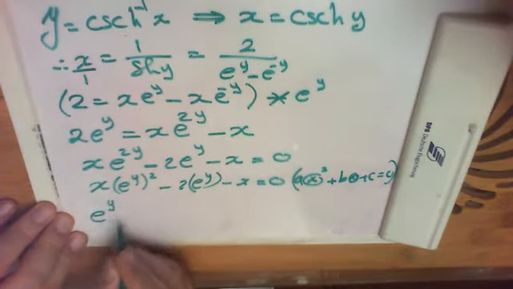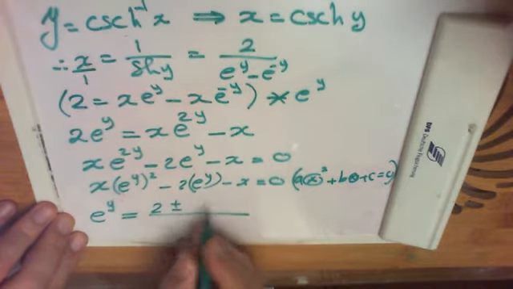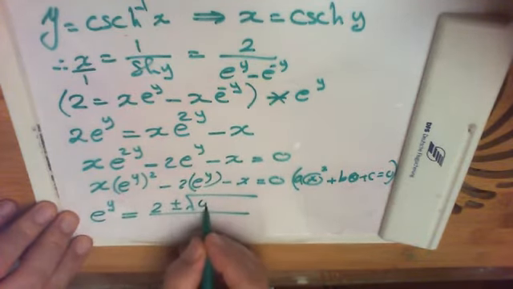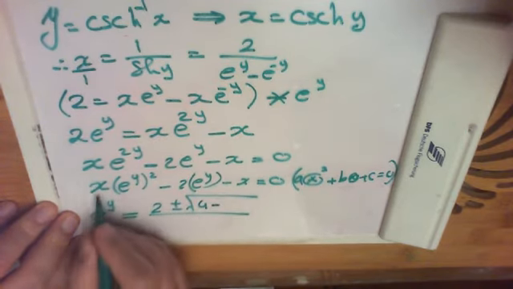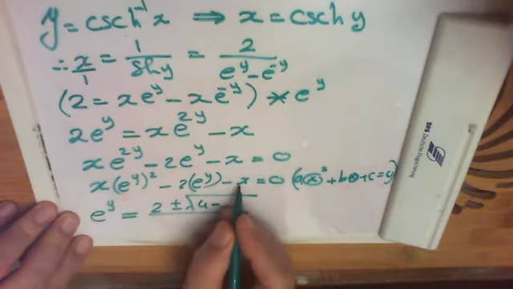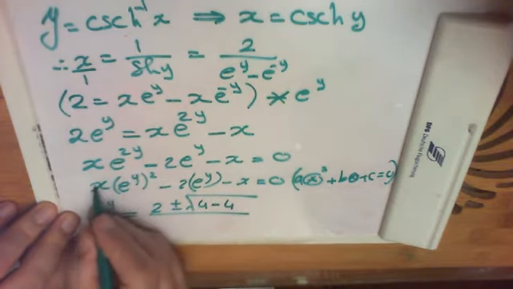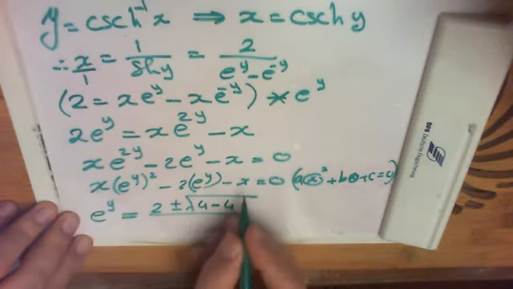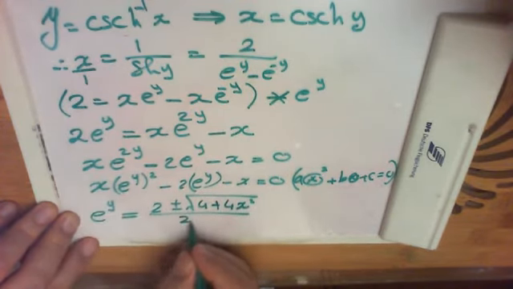So e to y equals minus b, which is 2, plus or minus the square root of b squared, which is 4, minus 4ac. Here a is x and c is minus x, so x times minus x is minus x squared, and with the minus sign it becomes plus x squared, all divided by 2a, which is 2x.